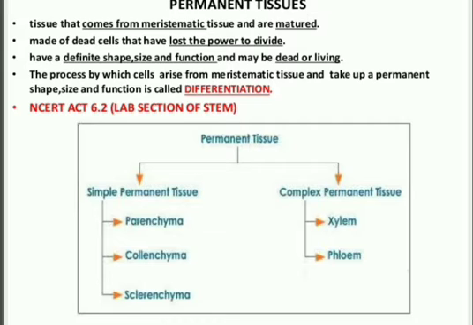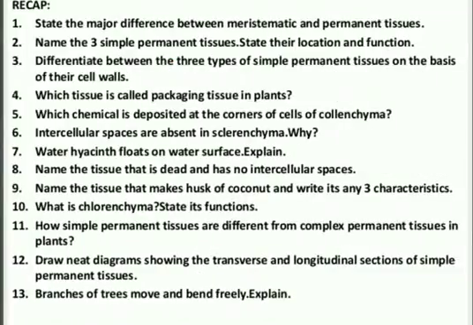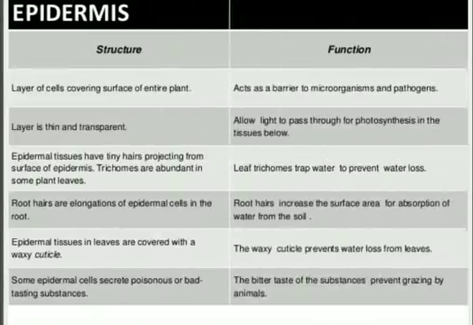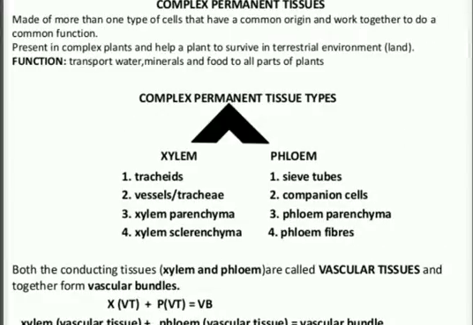Vascular bundles are the combination of vascular tissues. When xylem and phloem both are taken collectively, they are called a vascular bundle.